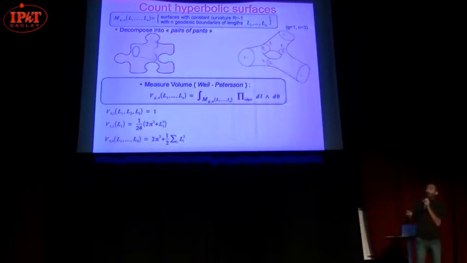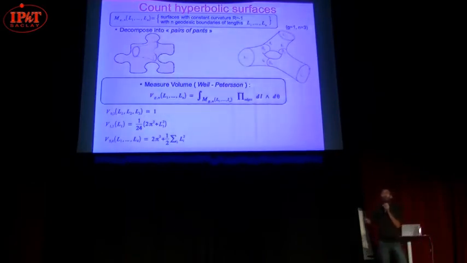So the space M03 is made of one point, and its volume is 1. But for M11, it's more complicated, but the formula was found long ago by difficult computations in hyperbolic geometry. For V04 also it was found. And observe that it's always a polynomial in the square of the length. It's not obvious at all from the definition.